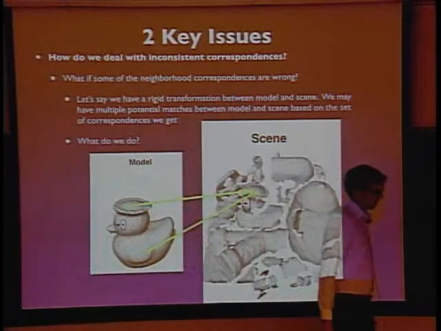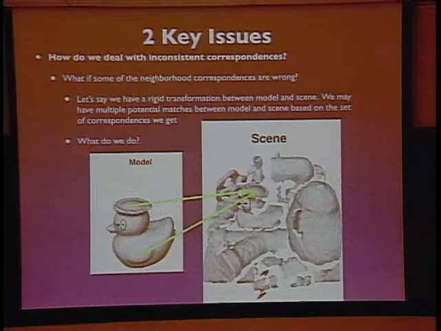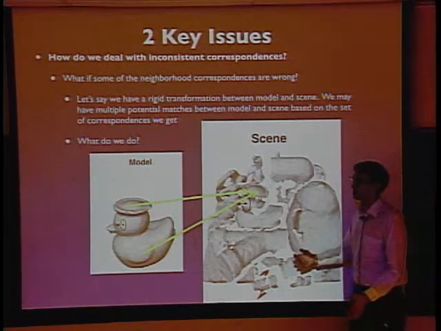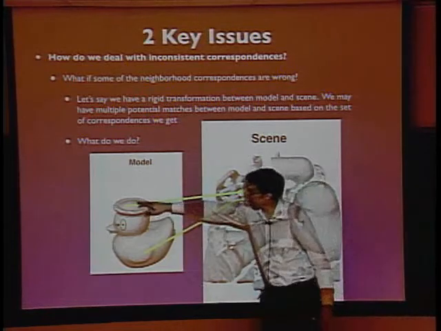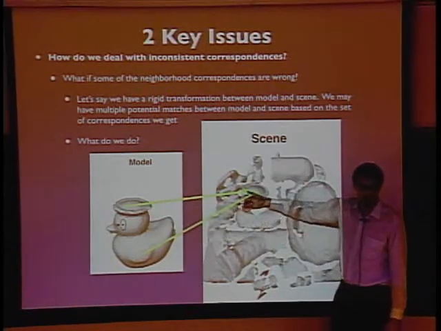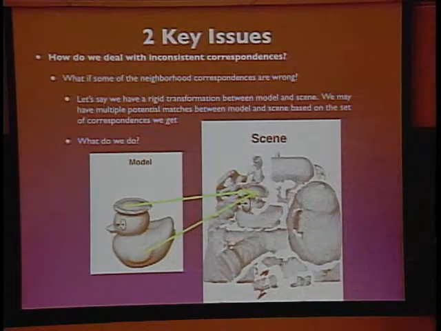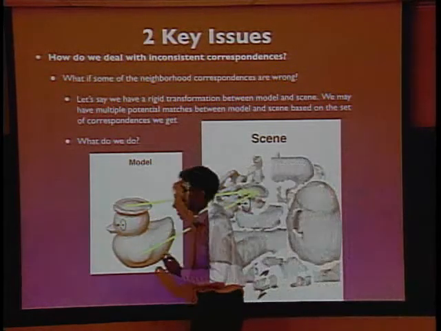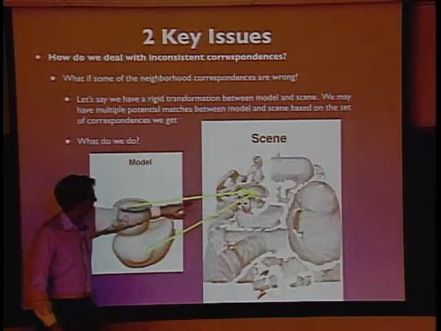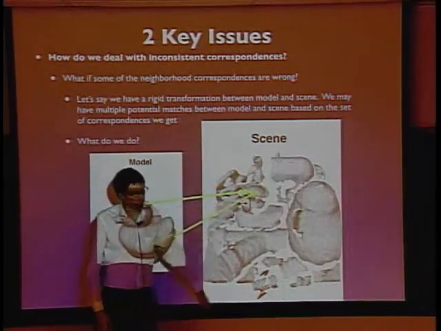But at any rate, you should be getting a hint that something's not quite right here, because it is simply impossible for this part of the object to correspond to here and this part of the object to correspond to here, since we are assuming that the only geometric transformations we have to model between the object and the scene are a translation and rotation. There's no way to translate and rotate the rubber ducky so that you get this part aligning to here and this part aligning to here.